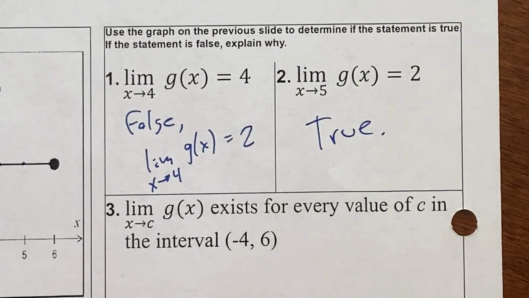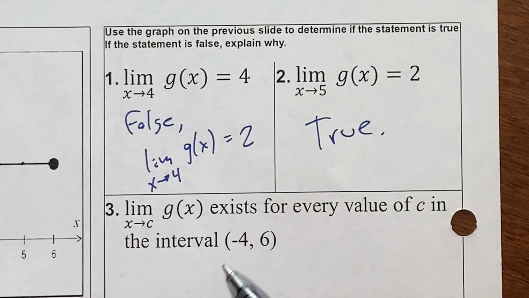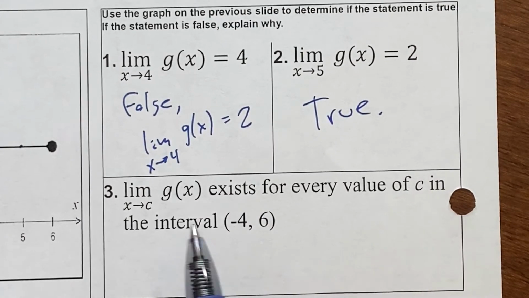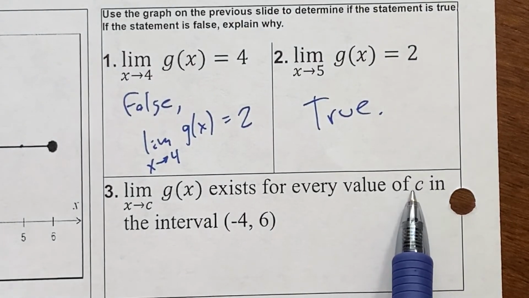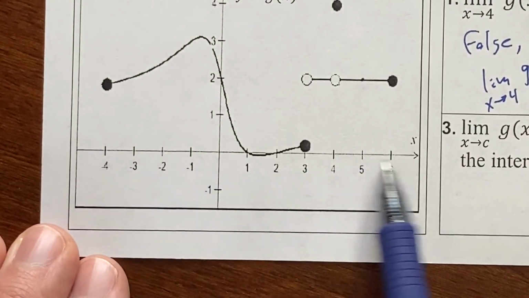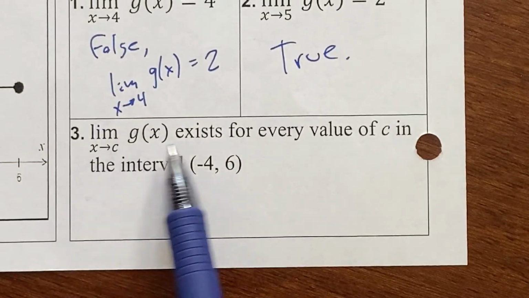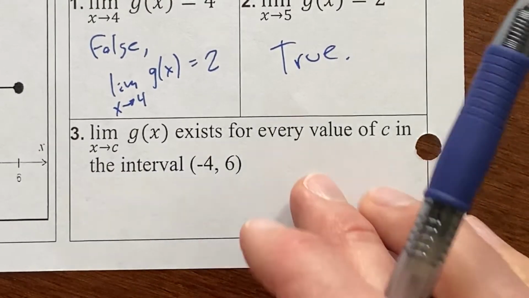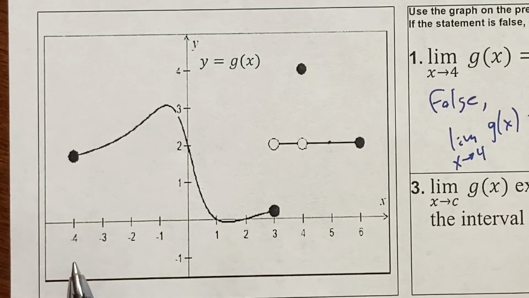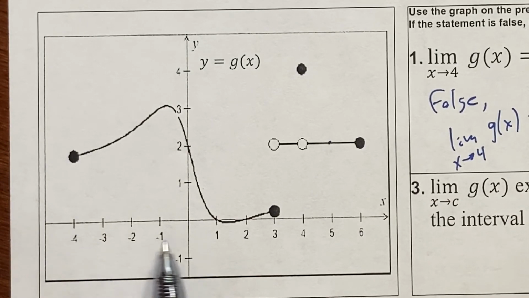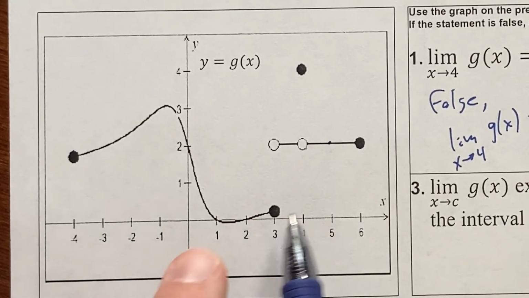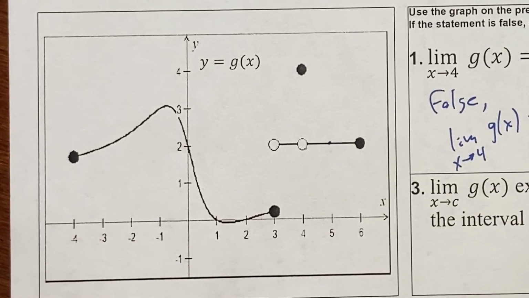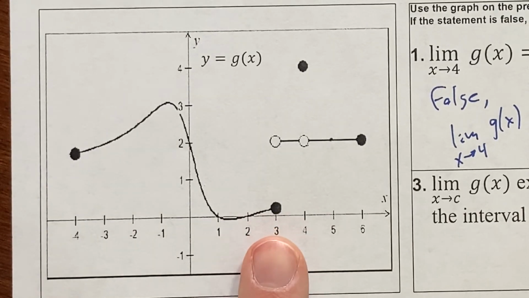Number 3, limit as x approaches c of g of x. That just means that for any value of c, any one of these x values down here, the limit exists for every value in the interval -4 to 6. So a limit exists for every one of these numbers that we would plug in. Does the limit exist for this? The one that I'm noticing is 3.